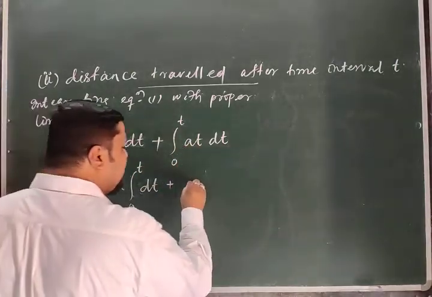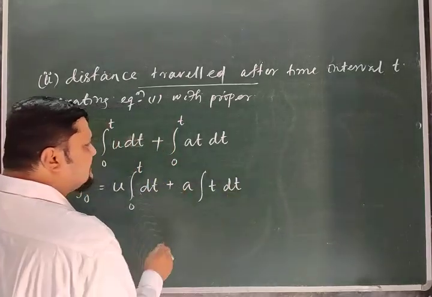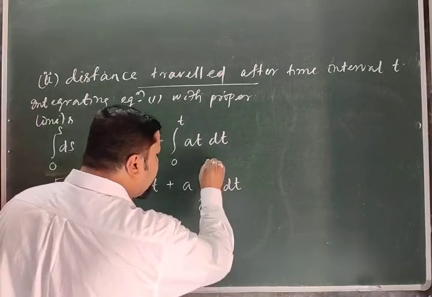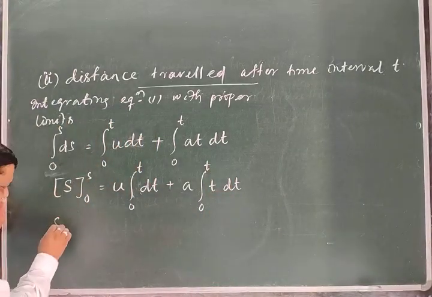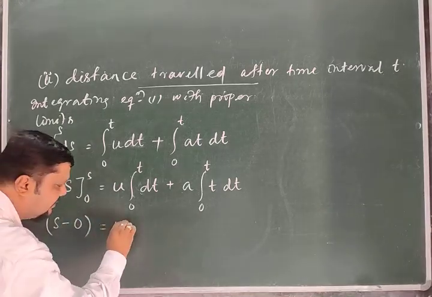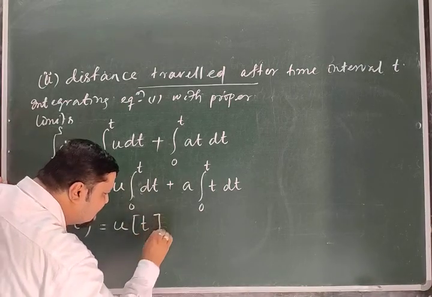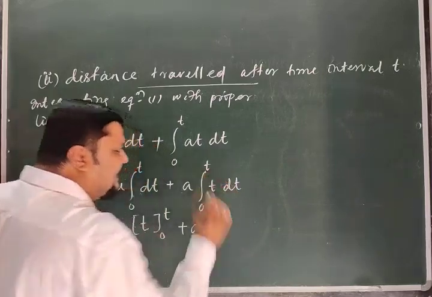And a, already you know it is uniform acceleration, a constant can be taken outside the integration, a from 0 to t. Then this is equal to, put the upper limit, s minus 0, upper minus lower, is equal to u, then what is dt? That is t with limits 0 to t, plus a, what is t dt?